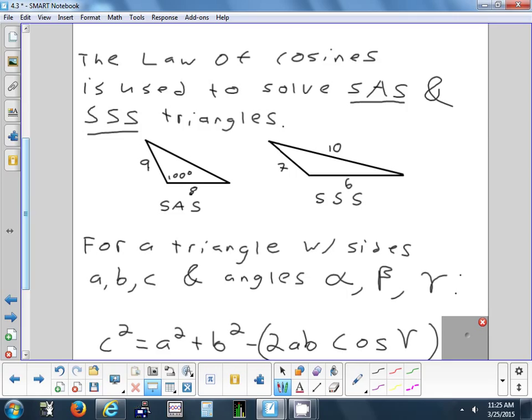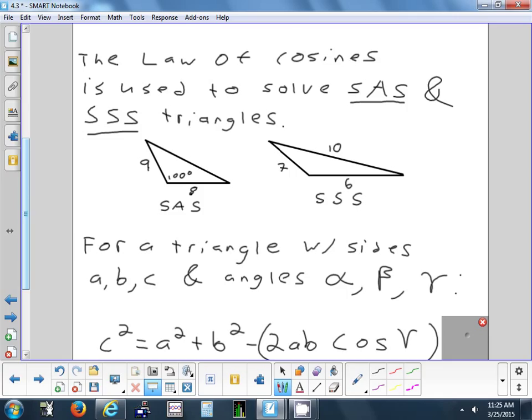What you want to remember here is the general pattern: one side squared equals the sum of the other two squared, minus twice the other two that you just used, a and b.